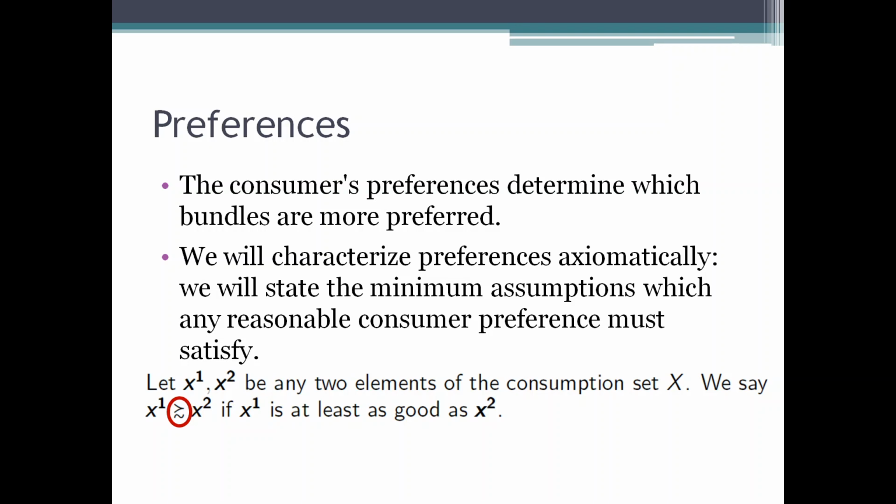We say that X1, this sign means at least as good as, at least as preferred as. X1 is at least as good as X2. X1 is at least as preferred as X2. We will see now what we mean by these words.